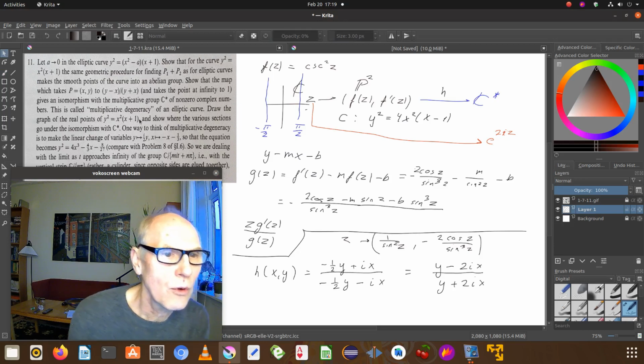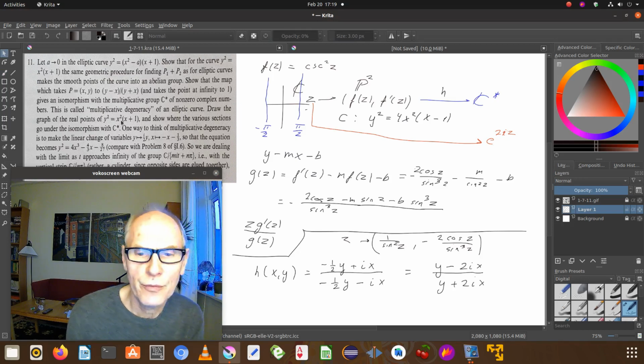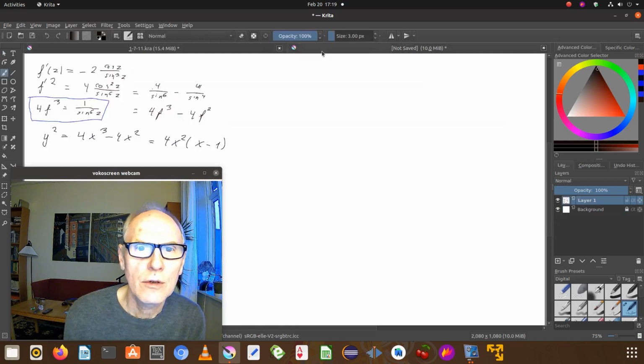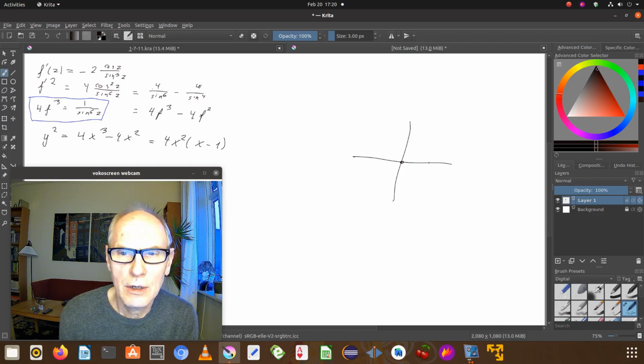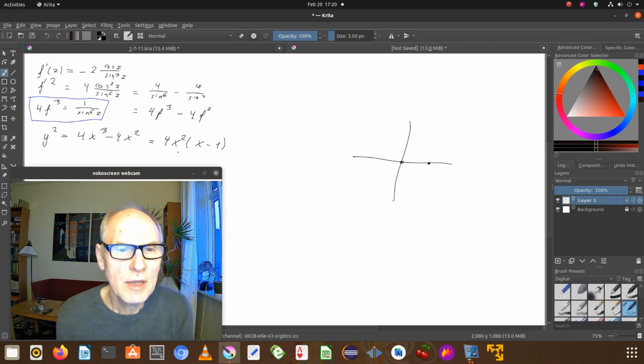We should draw the graph, show where the various sections go under. So there's a singular point at naught and a singular point at 1. Or maybe that's not singular.